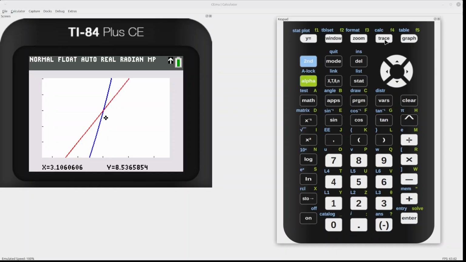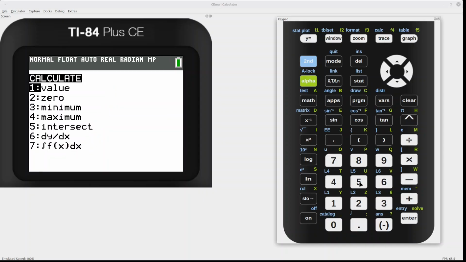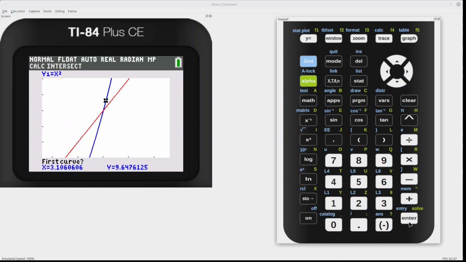So we'll say second, trace, or calc, intersect. So that's close. Then we do the other one. Press enter. We're going to guess. So it's going to give us the function that intersects at x equals 3 and y equals 9.